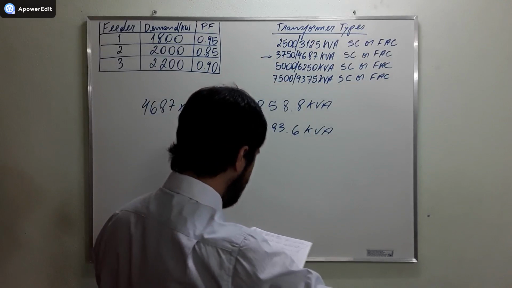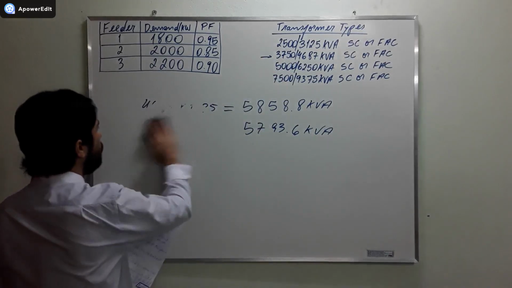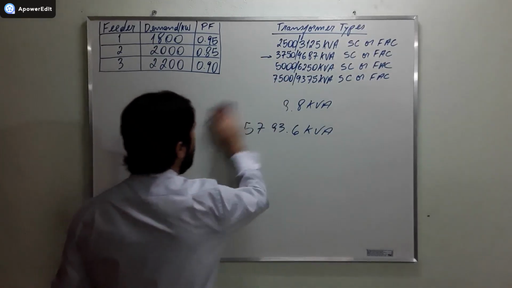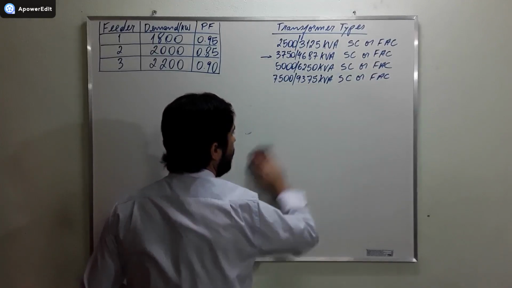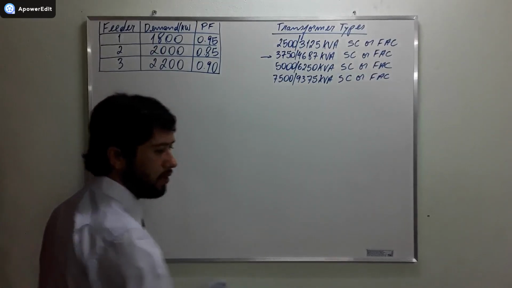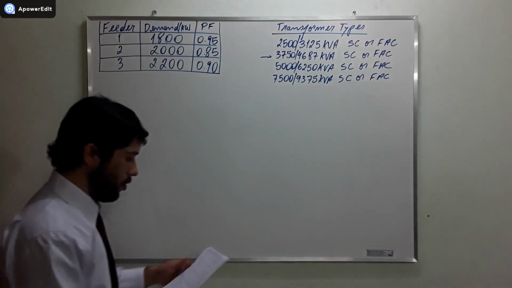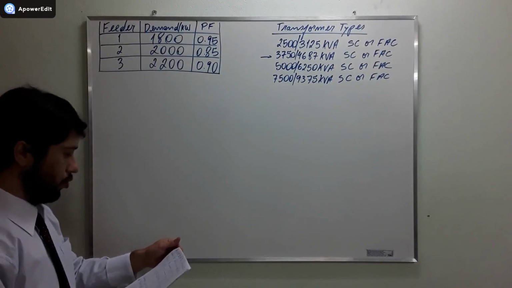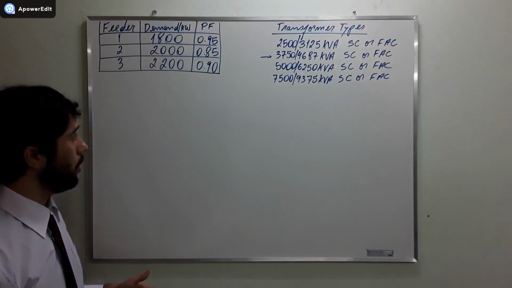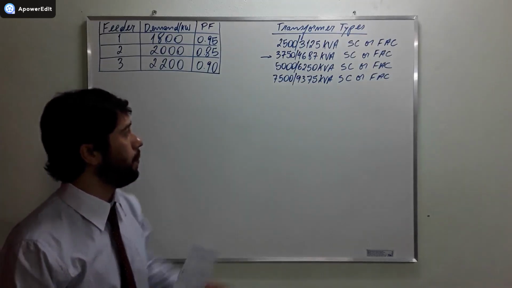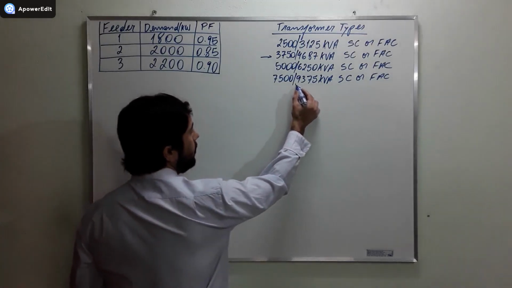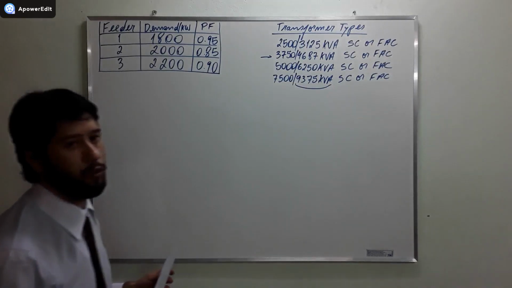Okay, and then to finish, let's go to letter D. Letter D talks about an increase. We are going to use this transformer here, this rating here, as the exercise wanted us to use.